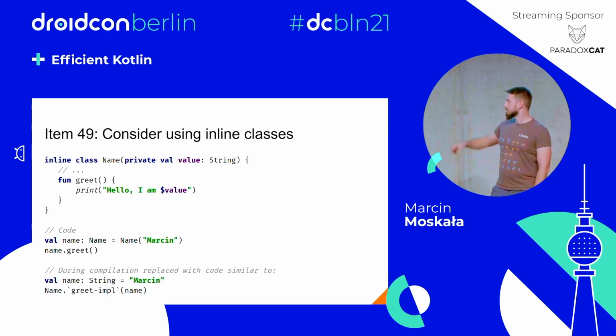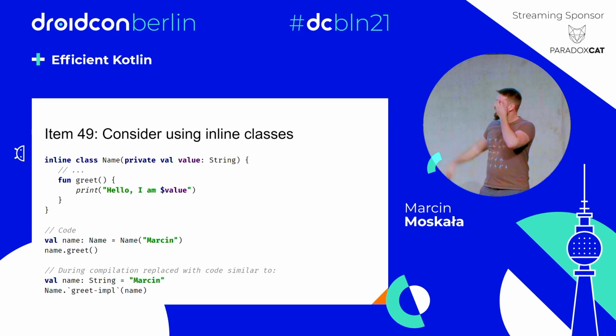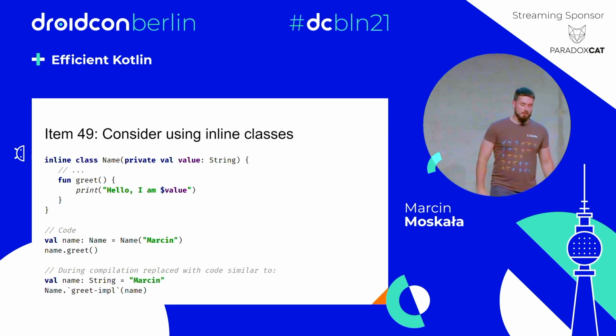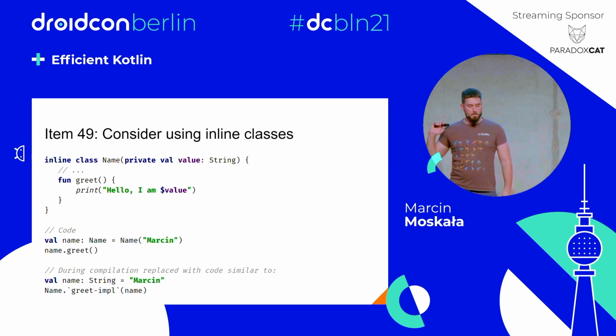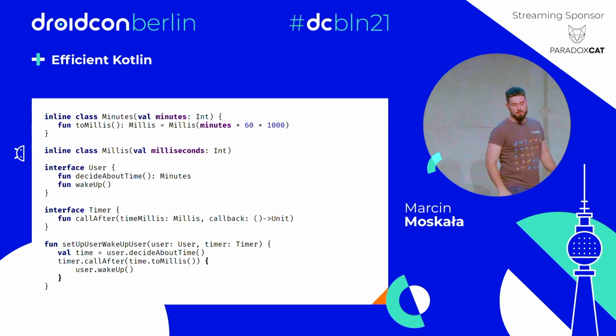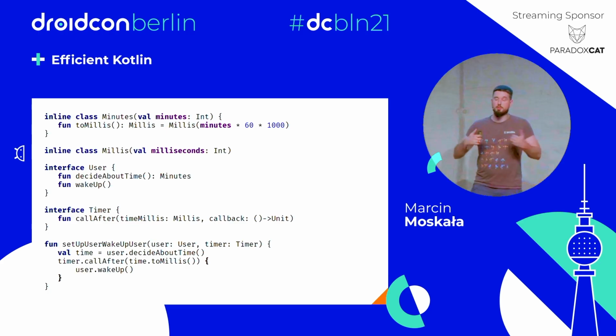I mean, not inline if you do not give them the inline modifier, but they become static functions that accept the wrapped types. So this solution can solve our problem.